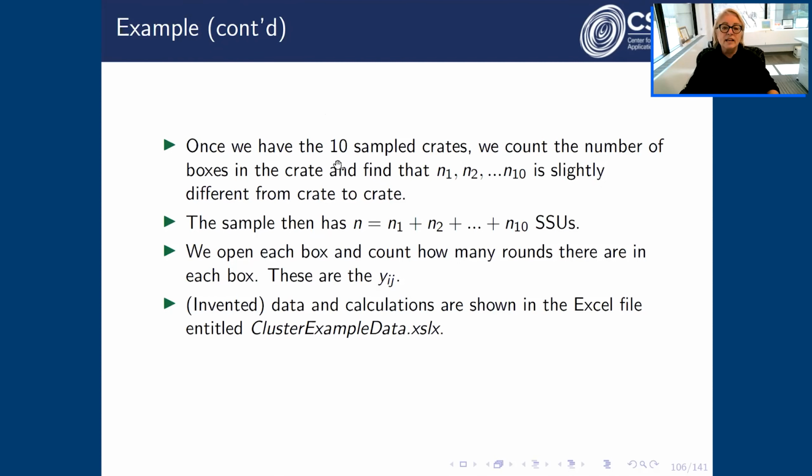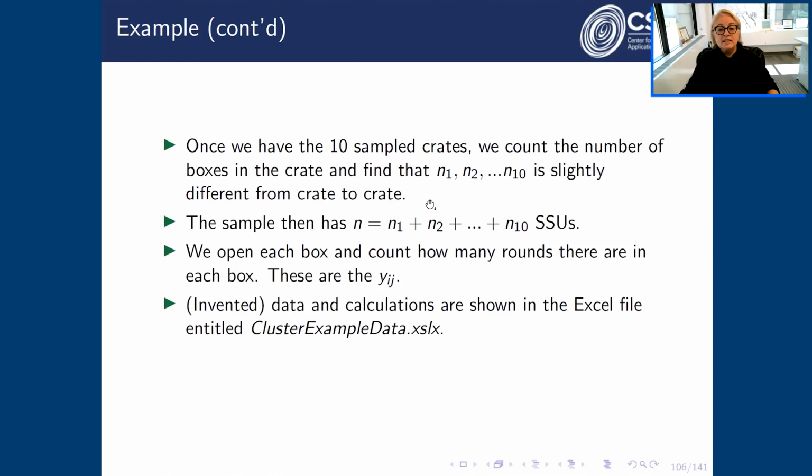Once I have the 10 sample crates, I could, for example, count the number of boxes in every crate. And let's suppose that I find that each crate has a slightly different number of boxes. So the number of boxes in crate 1 is N1, and in crate 2 is N2, all the way to N10.